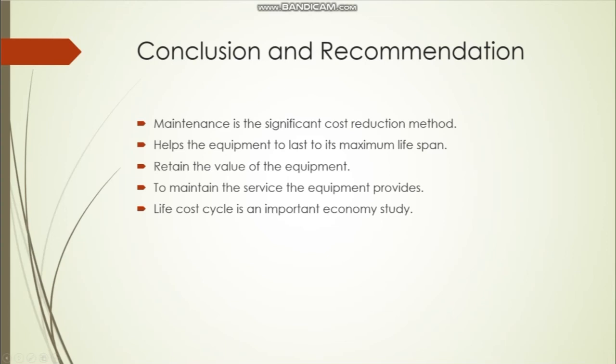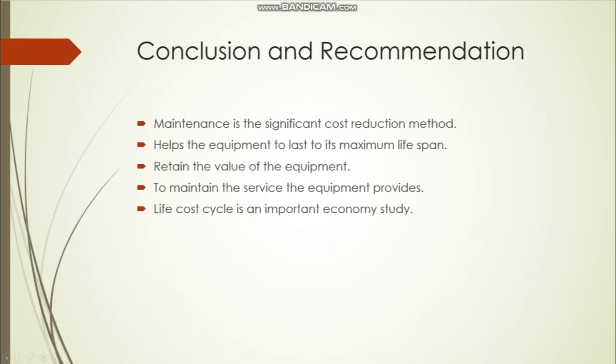For example, you buy an air conditioner for 1000 ringgit, so you want to make sure that your 1000 ringgit can last to its maximum potential, rather than replacing air conditioning units once every 10 years without maintenance, or you can replace an air conditioning system at 20 years with maintenance, which is more cost savvy.